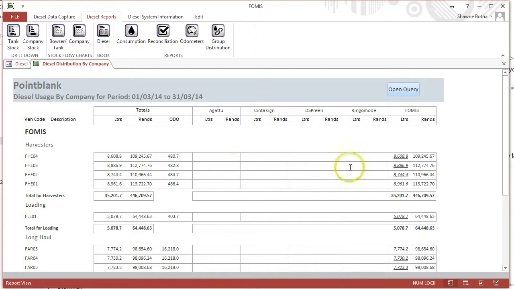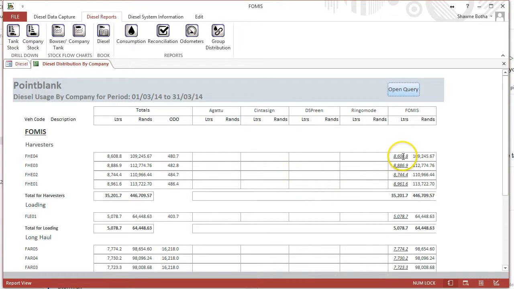But essentially, if you'd received diesel from other companies, it would then give you a total and the split per company of where that diesel came from in these columns here. Again, as I say, this allows for up to 5 companies. I am looking at expanding that to more companies, but we'll see in the next version what happens there. Okay, so that gives you an idea of the diesel group distribution report.